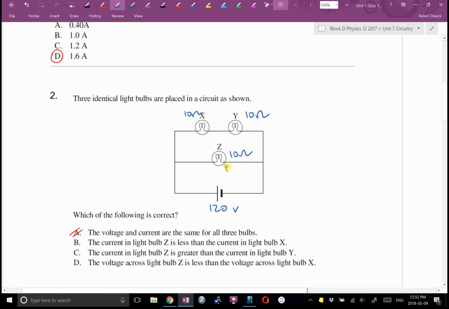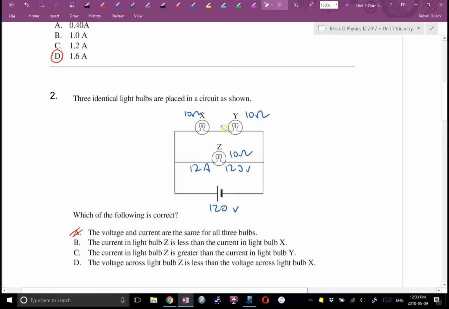Now, I do know that this is 120 volts, which means how many amps are going through Z? I don't know. Or do I? If I made this 1 resistor, how many ohms is that? 20.